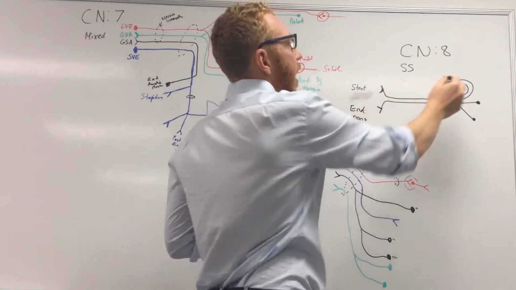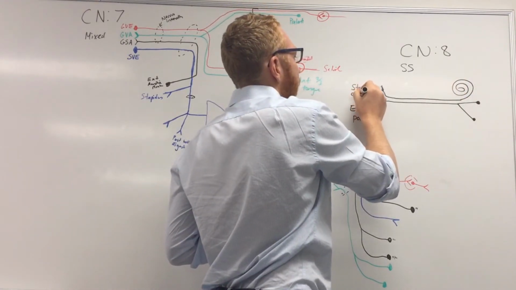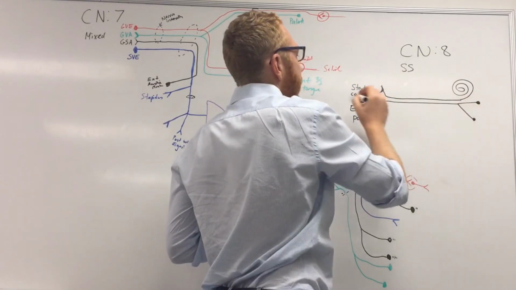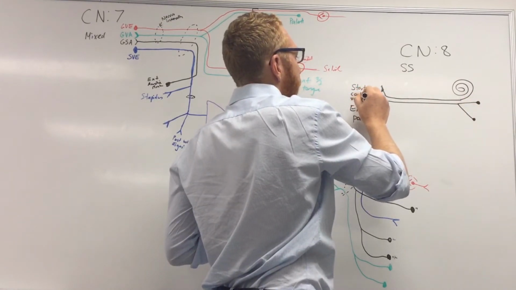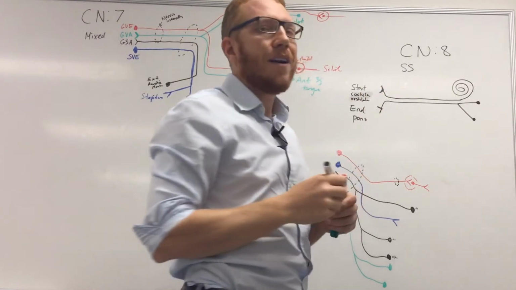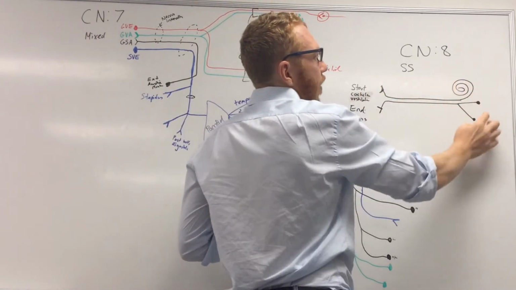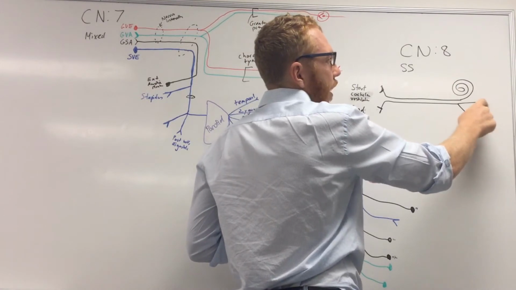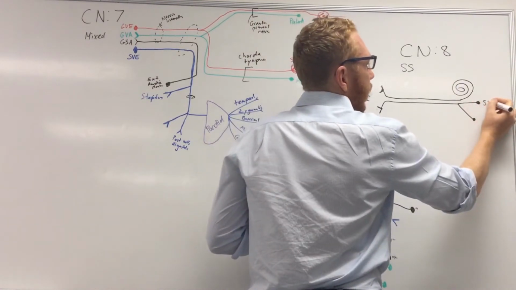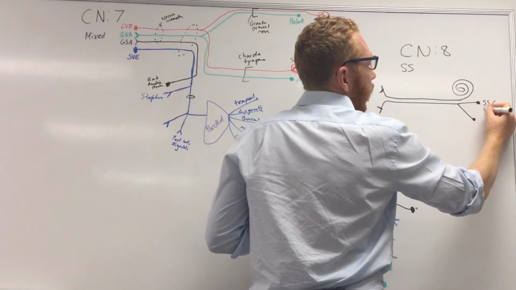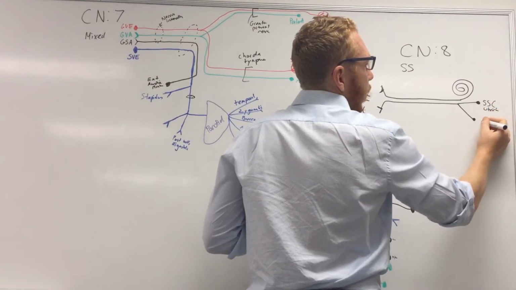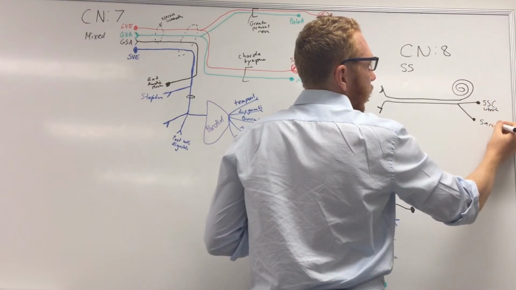So it's going to start in the cochlea and in the vestibular apparatus. So that's where it originates. So the cochlea is for hearing, and then up here we've got the semicircular canal. So semicircular canal and utricle, and the bottom branch is saccule.